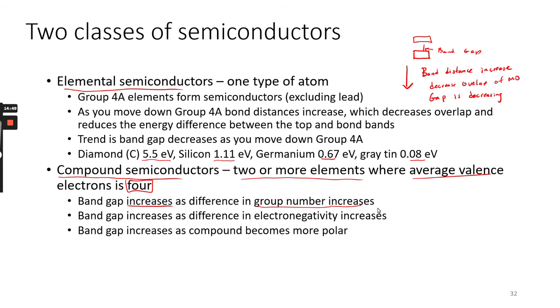So the further apart they are on the periodic table, the band gap will increase. Your band gap will also increase as the difference in electronegativity increases, which corresponds to group number, because the further apart you are on the periodic table, the greater your difference in electronegativity. The third one: the band gap will increase as you become more polar. If you have higher electronegativity differences, you're more polar.